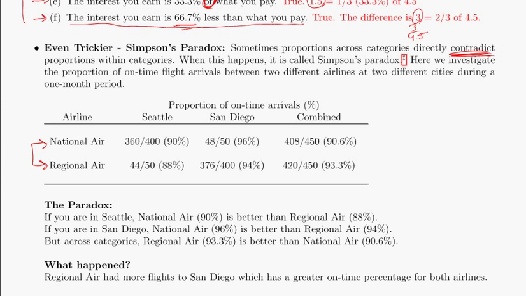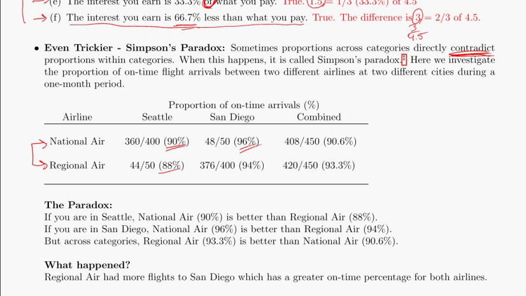National Air going into Seattle has a 90% on-time arrival, and into San Diego, 96%. Regional Air's percent of on-time arrivals into Seattle is 88%, and into San Diego, 94%.